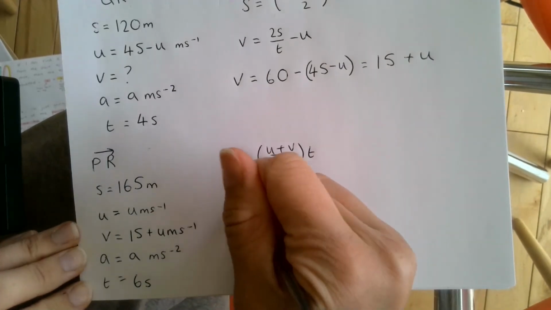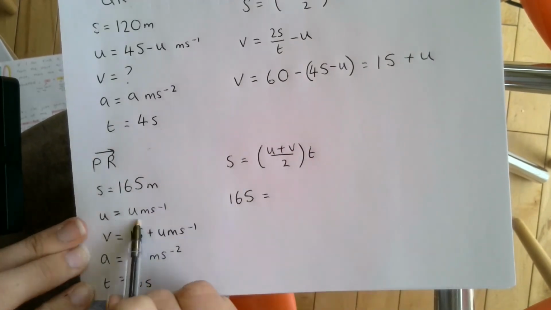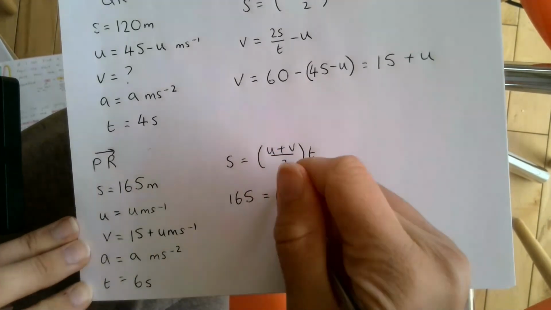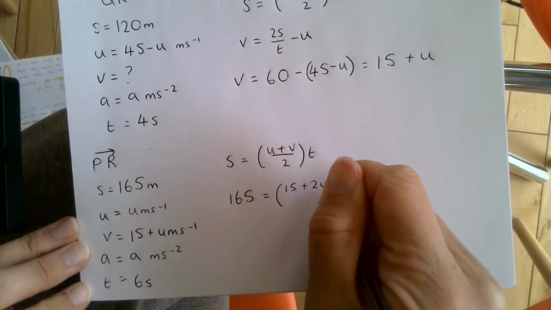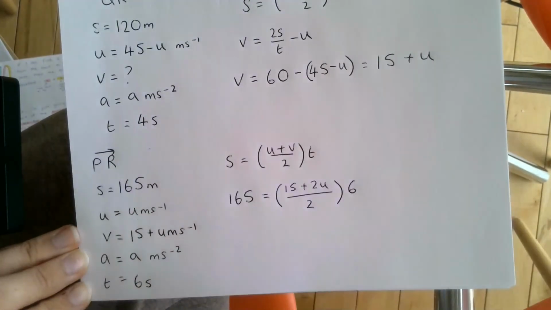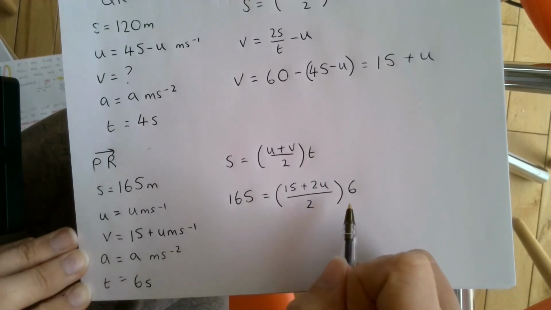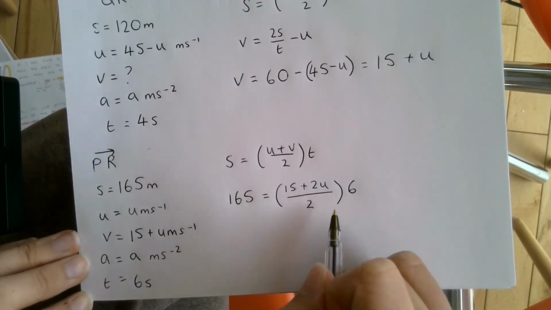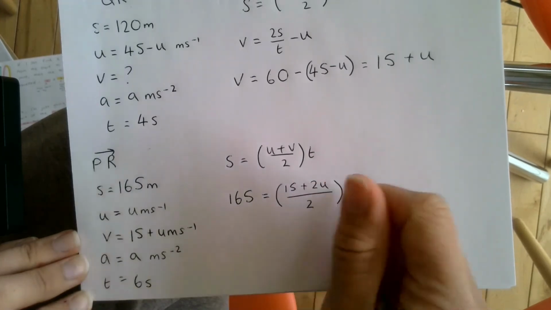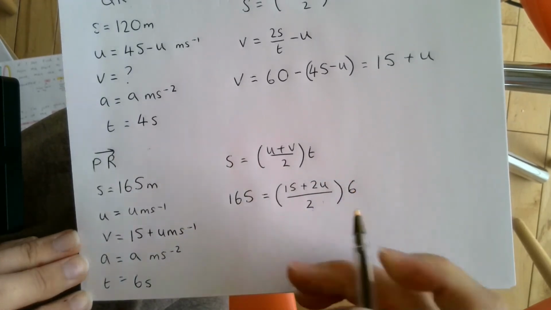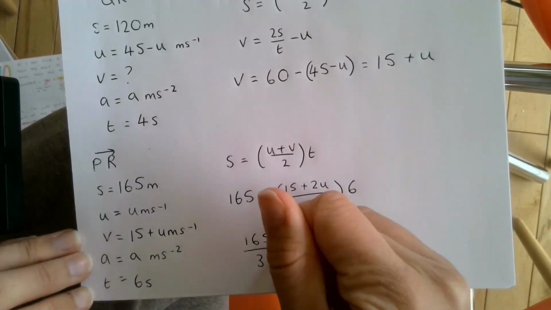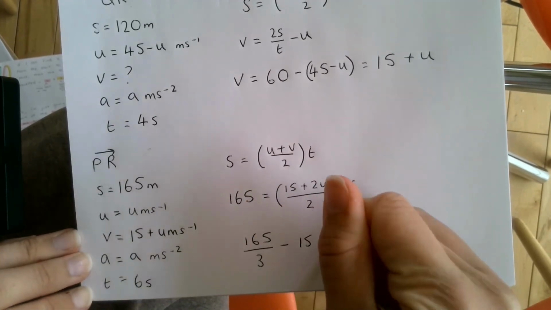So S is 165, u is just u, and v is 15 plus u, so I end up with (15 plus 2u) all over 2, multiplied by 6. So I can rearrange then to work out what u is going to be. If we do 6 divided by 2 here, it's going to give me 3. So I can just say 165 divided by 3 minus 15, that'll be equal to 2u.